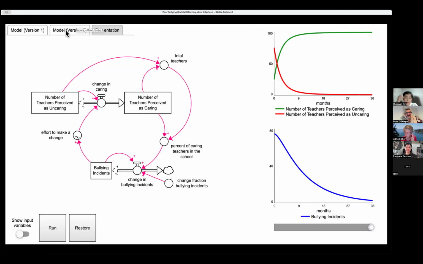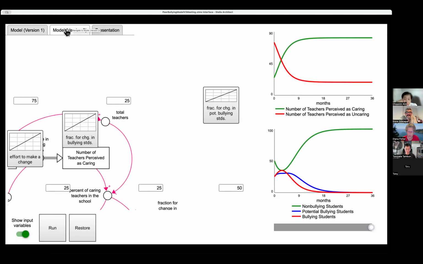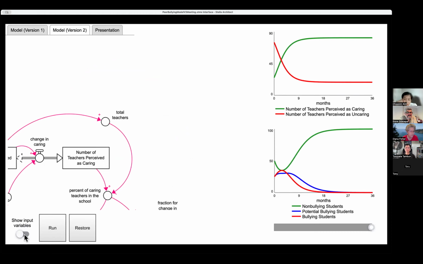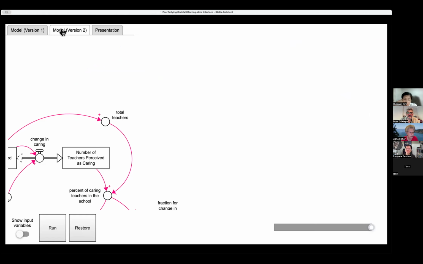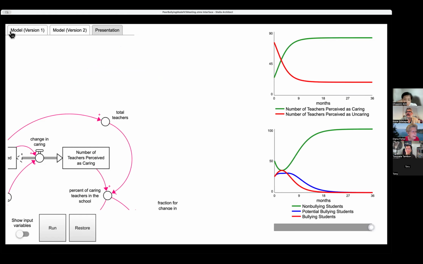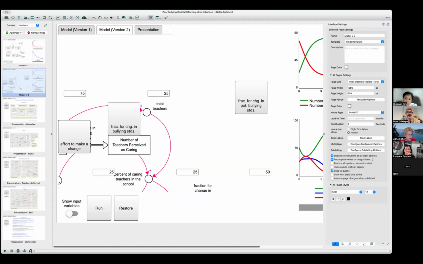The second group decided they didn't want to do what happened here. What happened to this model? Oh, I think... huh. What's there? That's weird. Okay, let me see if I can. Well, I'm going to look at it a different way.